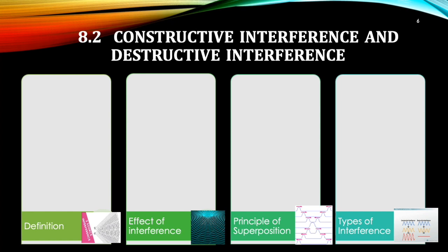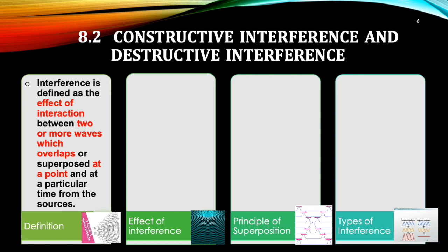Constructive interference and destructive interference. The definition of interference is the effect of interaction between two or more waves which overlap or superpose at a point and at a particular time from the sources.